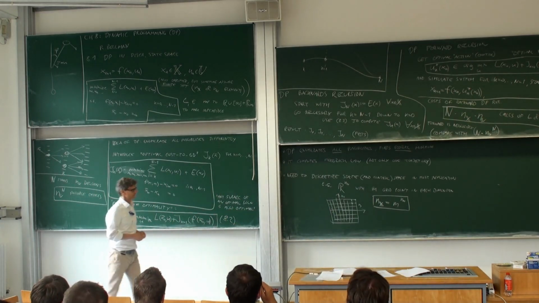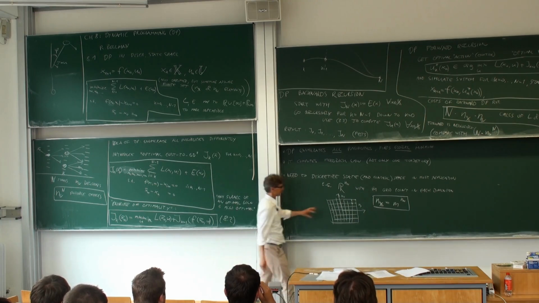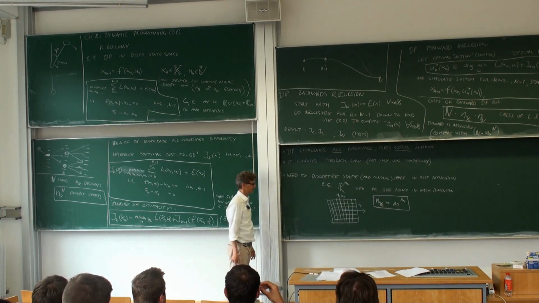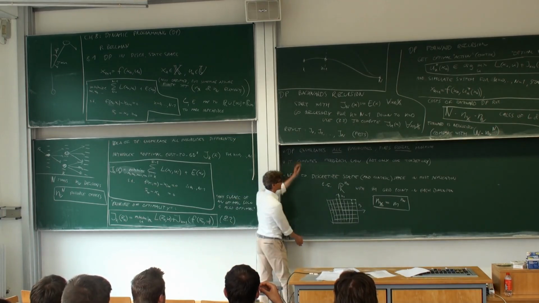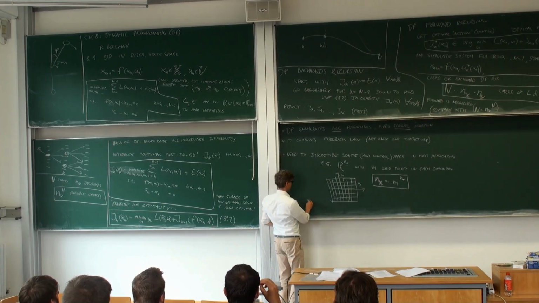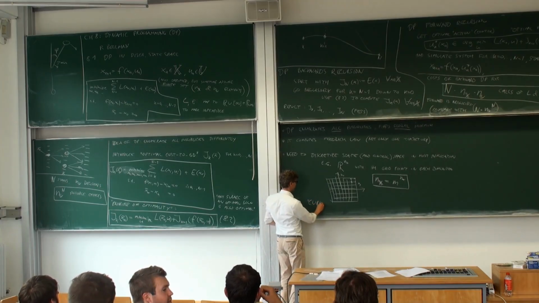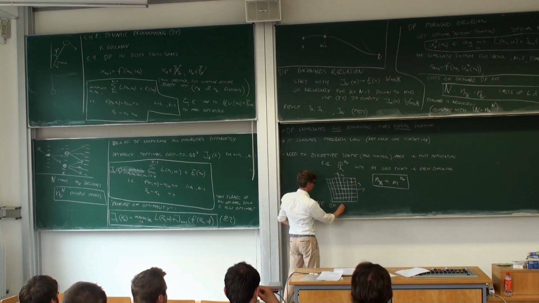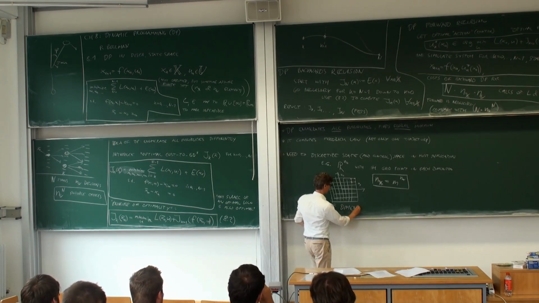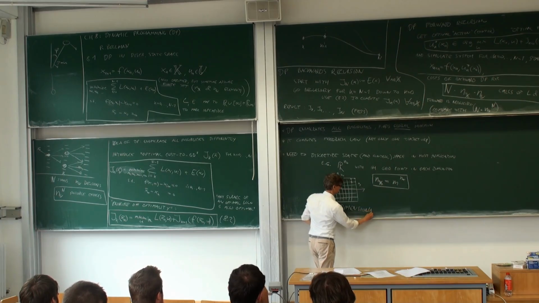And this is something that Bellman already observed. It's the main problem of dynamic programming. He called it the curse of dimensionality. It appears in many parts of science, but here again. So it's not a cure for everything.